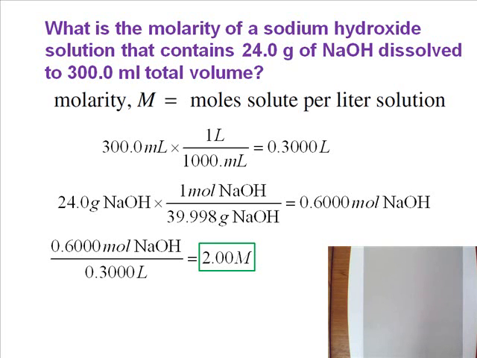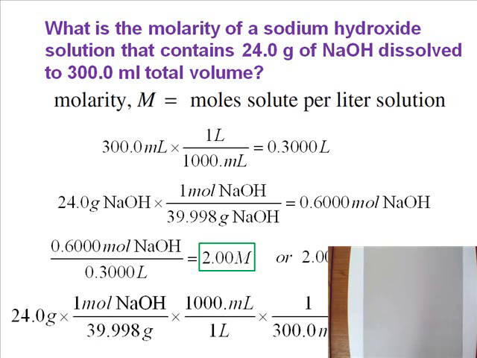Think of it as bleach. Bleach at home is about 1 molar. 2 molar is obviously extremely concentrated. So here now is when you string it all together. 24 grams cancel, moles cancel, all the way through.